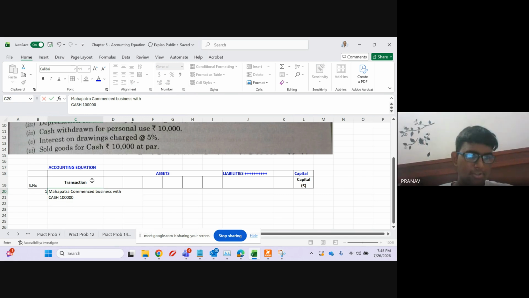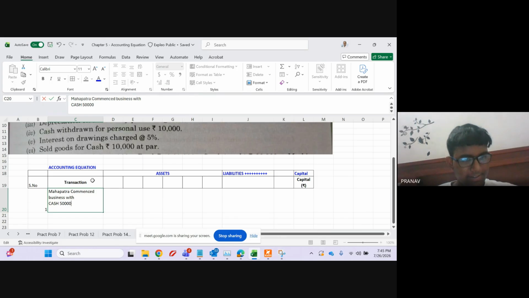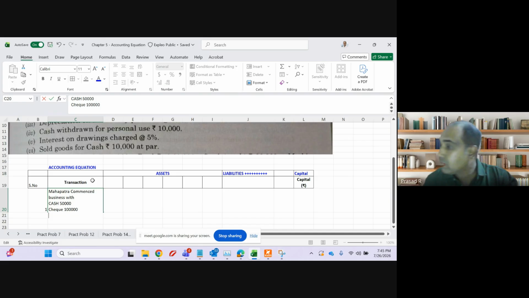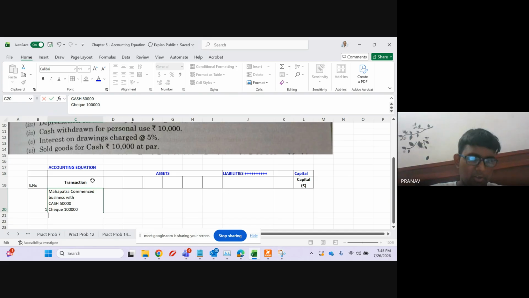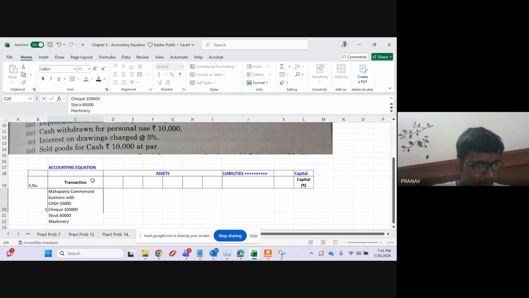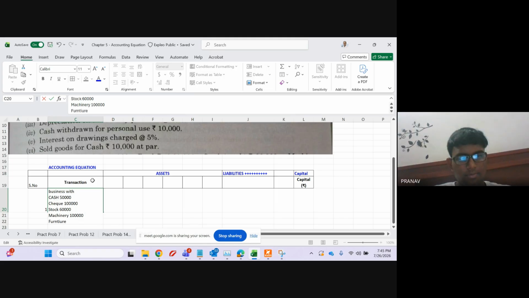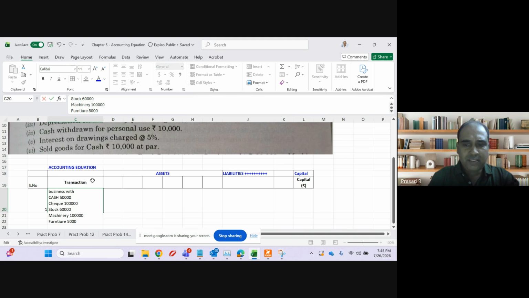Cash is 50,000. Then check, 1 lakh, that is bank. Then stock is 60,000. Then machinery 1 lakh, and furniture 50,000. Very simple, guys.